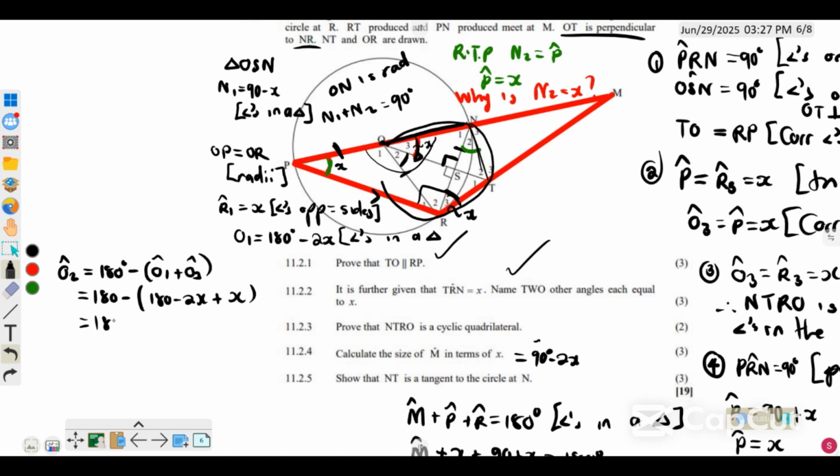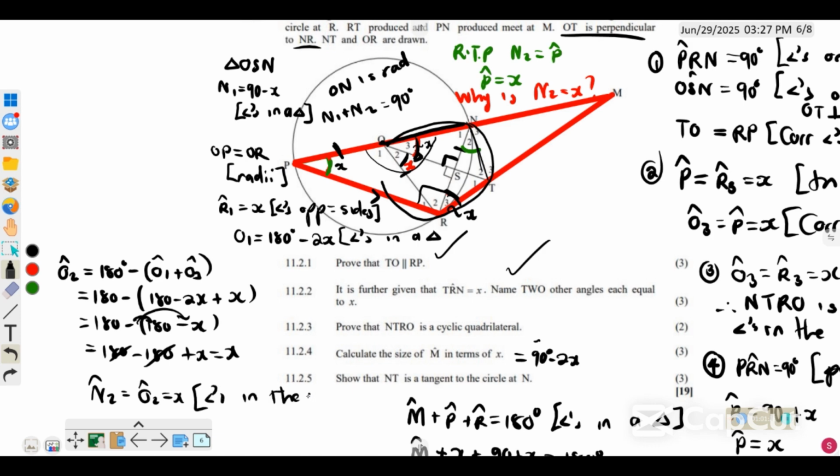So this is 180 minus (180 minus 2x plus x). When we expand this, we get 180 minus 180, plus 2x minus x, which gives x. This is what we were looking for. We're trying to find this x so that we can prove that angle N2 is equal to angle O2, and they are both equal to x, angles in the same segment, and then we are done.